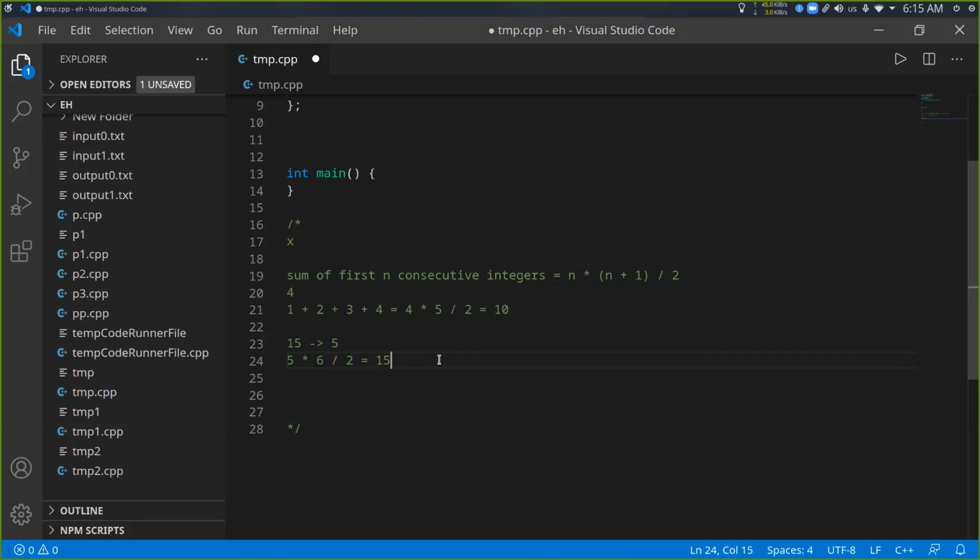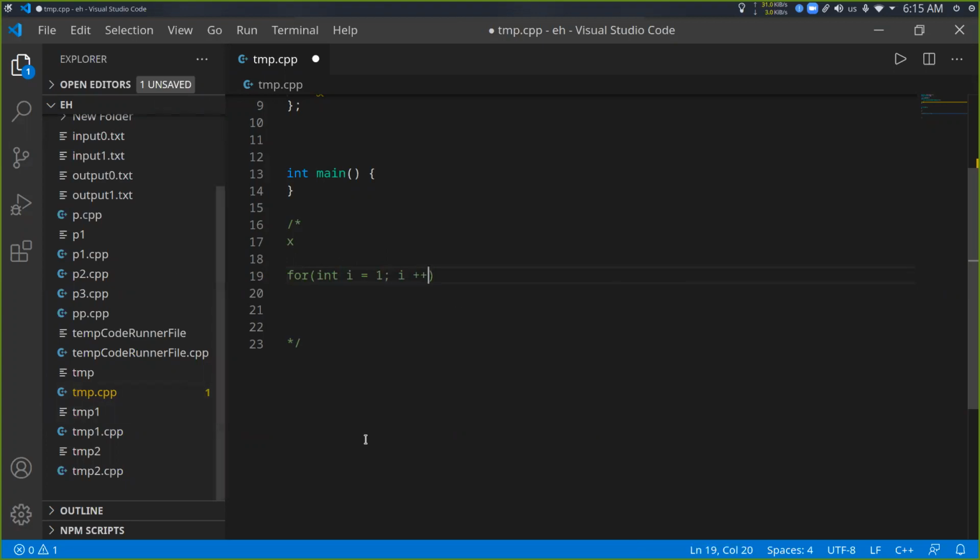So what I'm trying to do now is take x and make some loop that goes through i. So for int i equals 1, for example, and i plus plus. I'm saying I'll try to match some consecutive integers that end at i and start from 1.